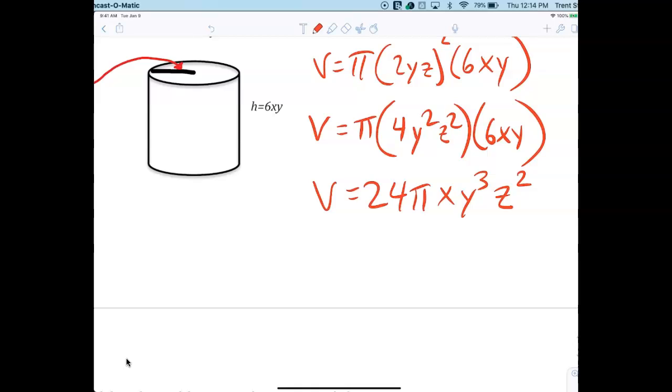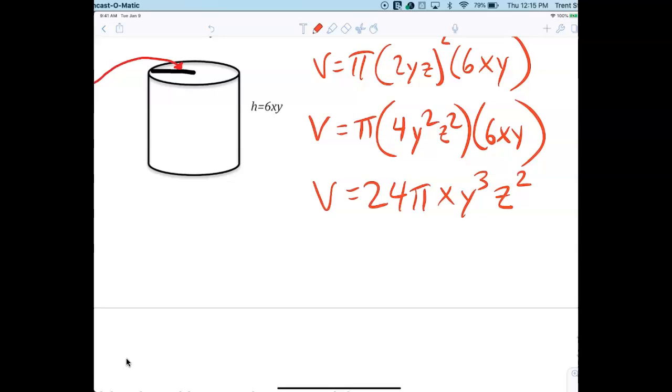It's all multiplication, so we don't really need the parentheses. If you left it like that, I wouldn't mark it wrong. I'm just saying, that's how I want you to write it. That makes sense now, right?